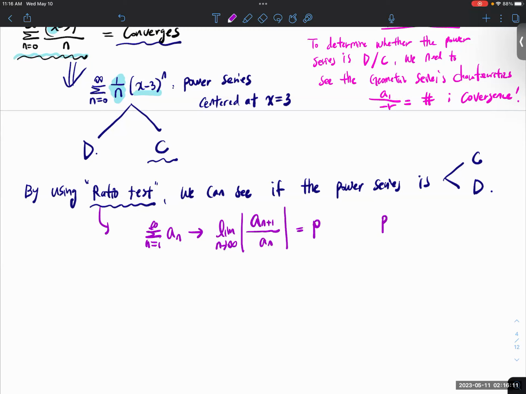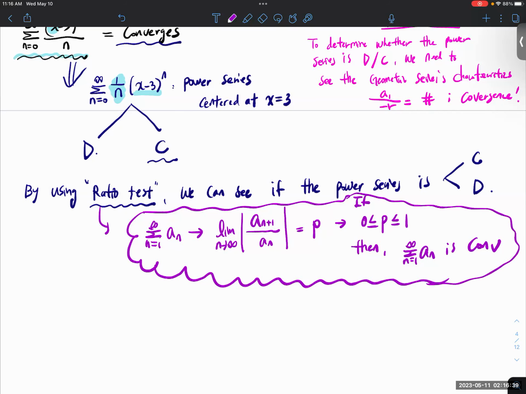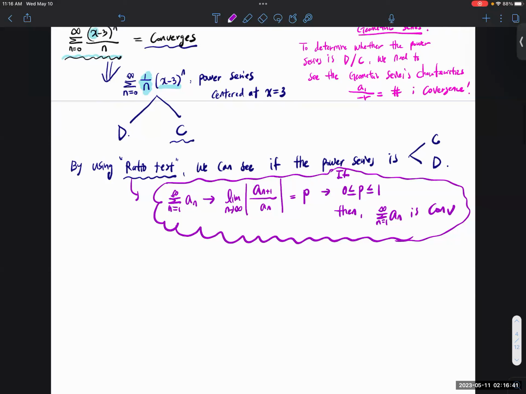If that p is between 0 and 1, then the ratio test helps us find out this series is always convergent. That was the definition of the ratio test. I'm going to highlight it. So we're going to utilize this ratio test. Are you okay with that?